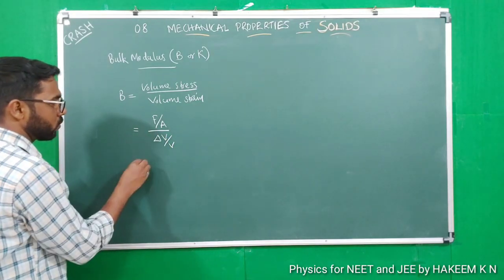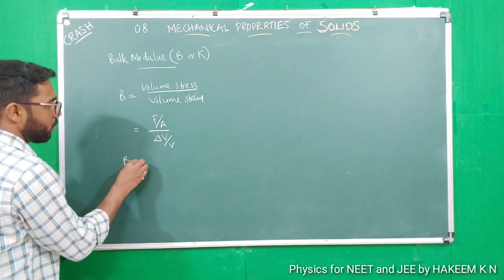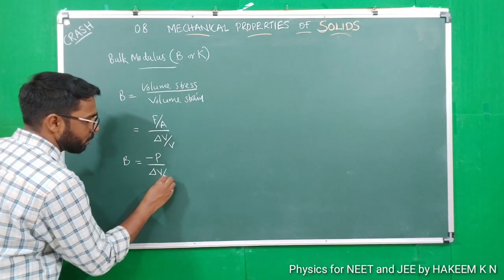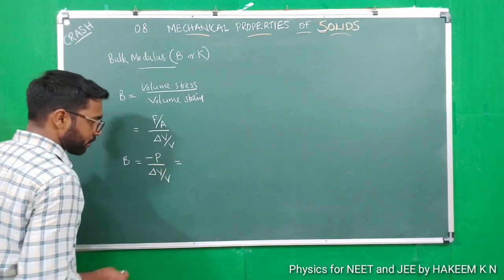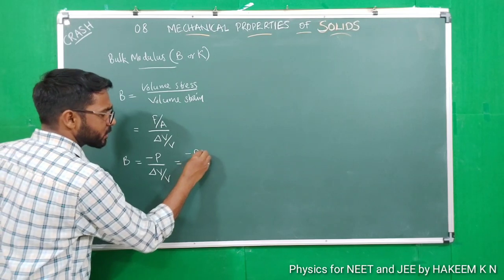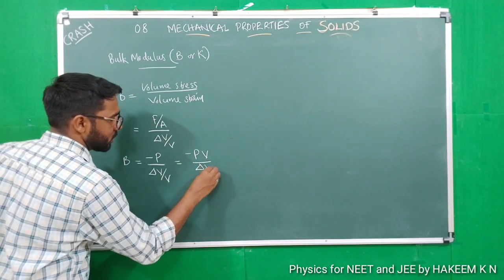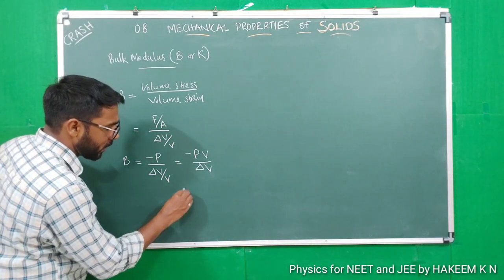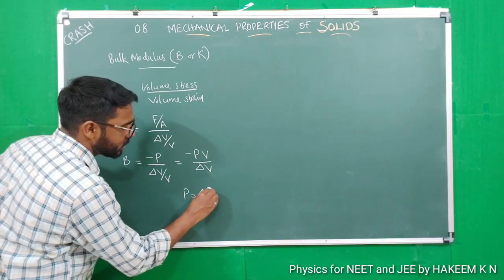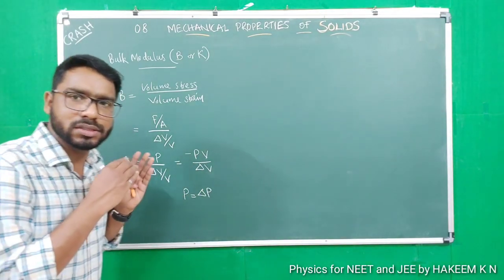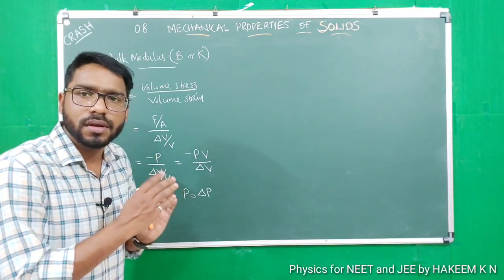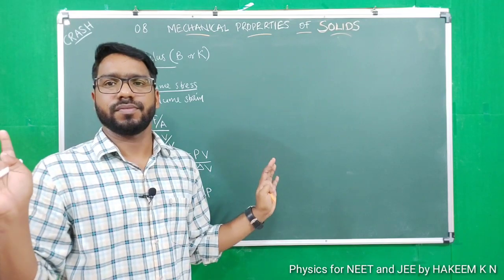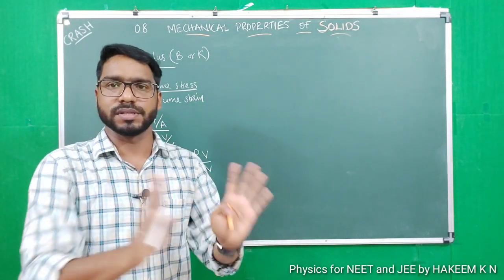B equals minus P by delta V by V, or minus PV by delta V. Here P means change in pressure or extra stress used to produce the volume strain. Not all the pressures present.